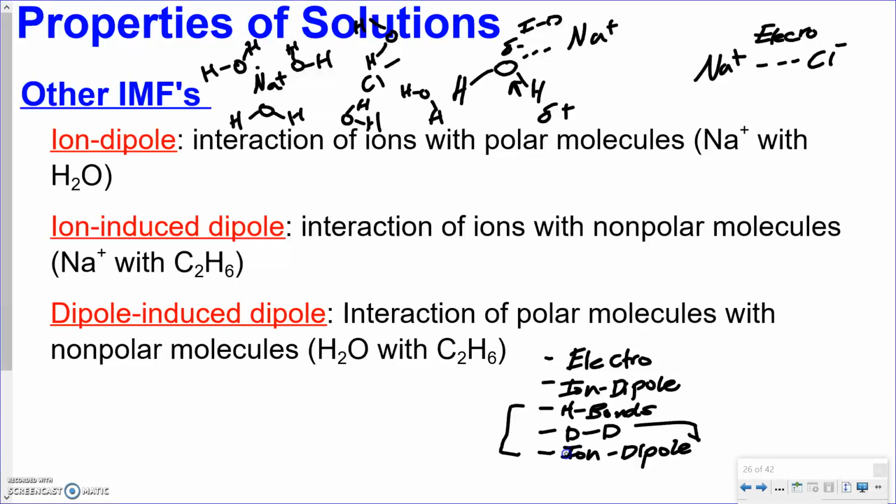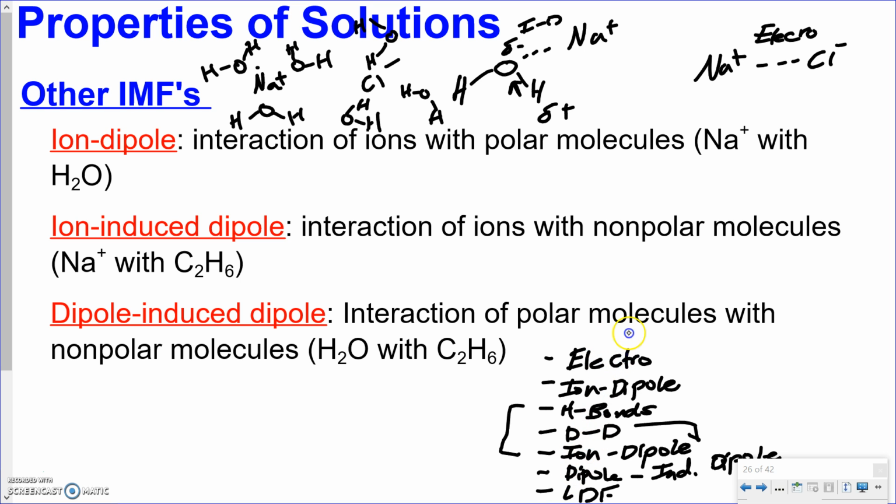But we'll just put them like this for right now. From there, we would have the dipole-induced dipole. I'm just going to abbreviate induced like that. And of course then we have our LDFs being our weakest ones, which would be our two nonpolar things mixing.